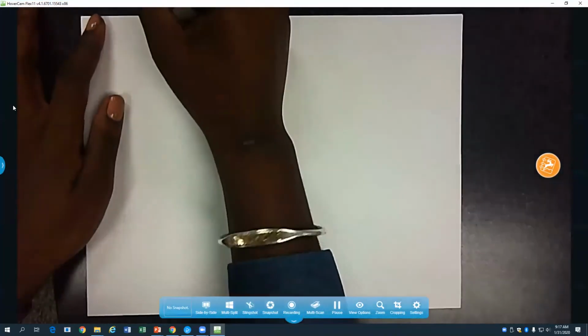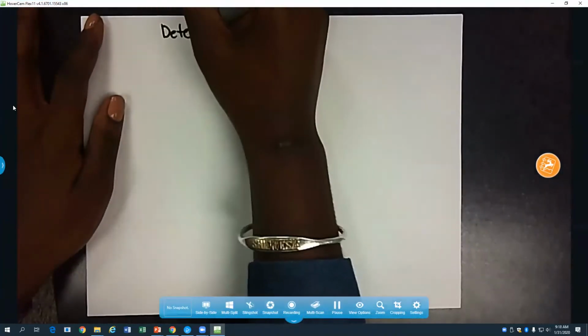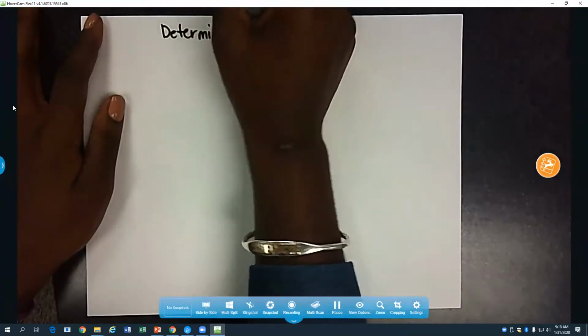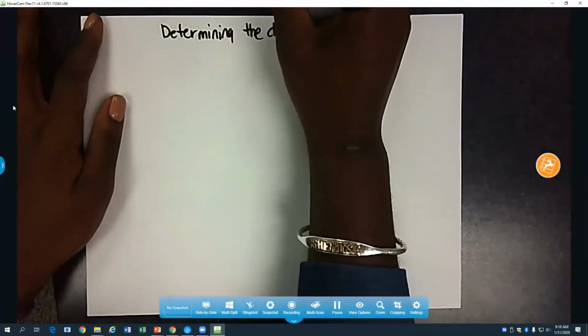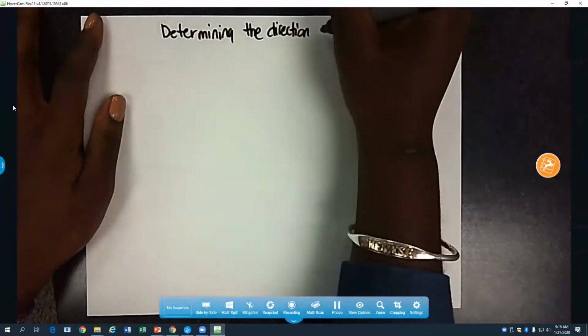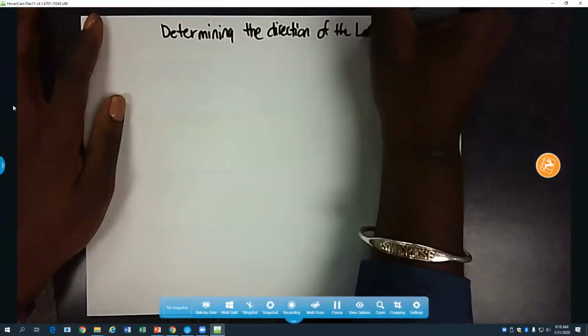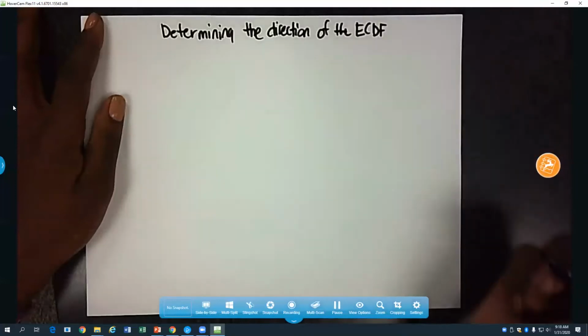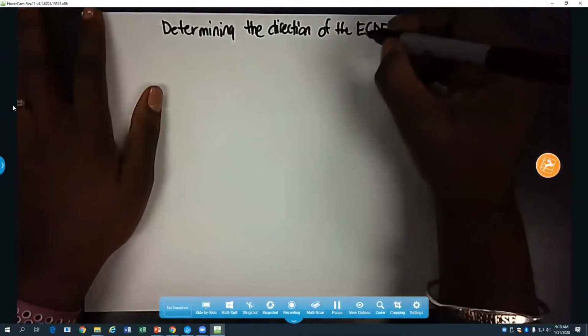Okay, so we're determining the direction of the ECDF, and that is the electrochemical driving force.